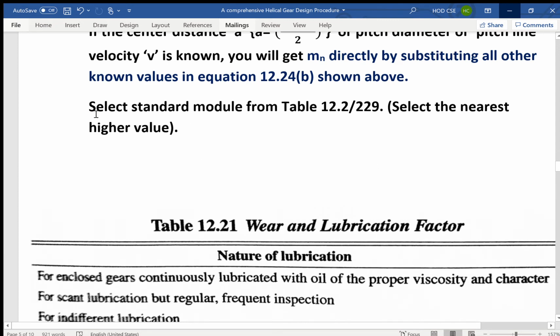We need to select a standard module from table 12.2, page 229. After obtaining a value, you need to select the nearest higher value from the table.